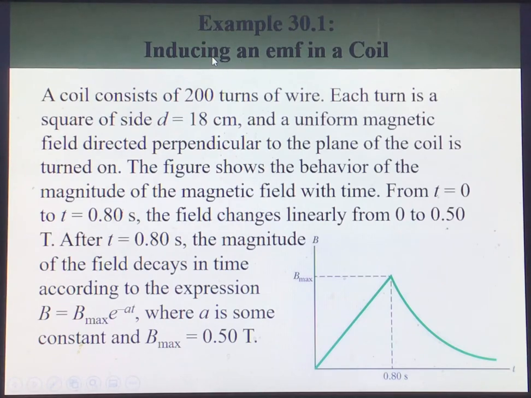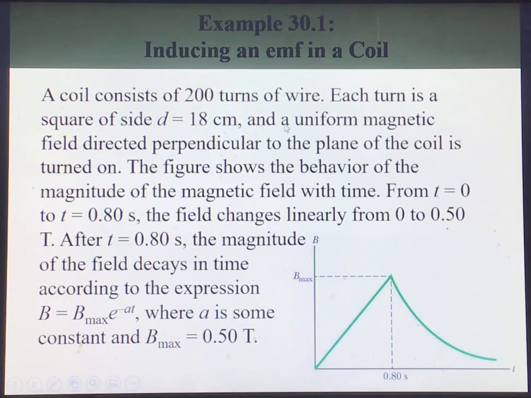In this example, it talks about inducing an electromotive force in a coil. Suppose that you have a coil that has 200 turns of wire, and each turn is a square of side D equals 18 centimeters.